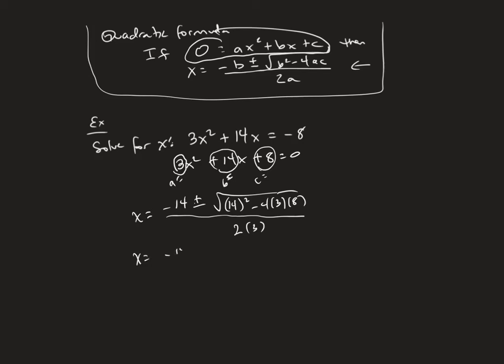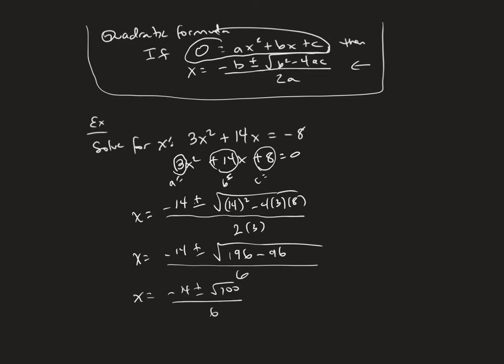So I've got negative 14 plus or minus 14 squared is 196 minus 12 times 8, which is 96, all over 6. So then I've got square root of 100 all over 6 with a negative 14 plus or minus in front of it.